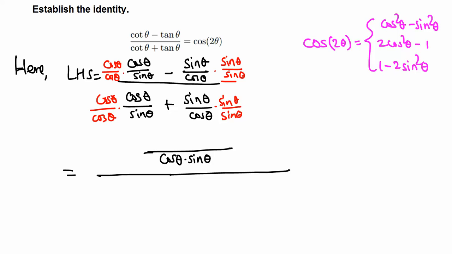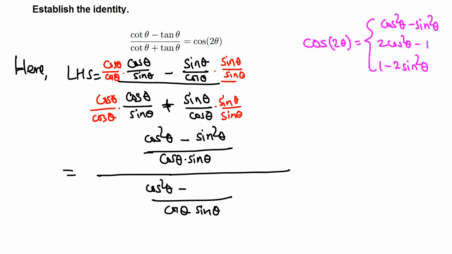Then cosine times cosine, cosine square theta, minus sine times sine, sine square theta. Same thing on the bottom, cosine sine, cosine sine, cosine times cosine, cosine square theta, plus sine times sine, sine square theta.